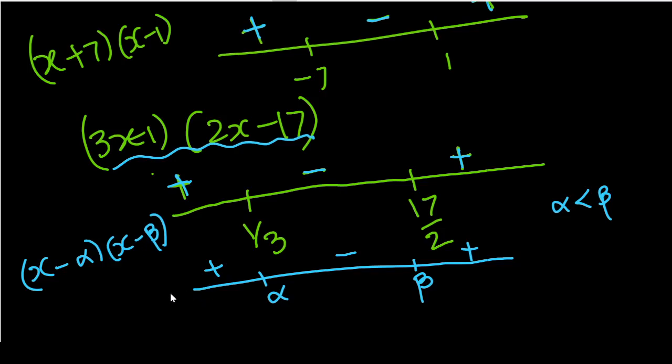Okay, this is method 1 that we derived by taking two examples. We can derive using alpha beta also, but it would be a bit abstract to understand. So generalizing with the help of these two examples, for x minus alpha, x minus beta, we get plus, minus, plus.